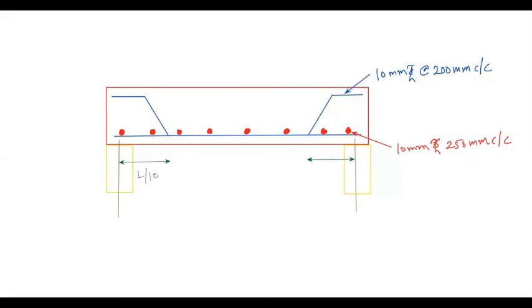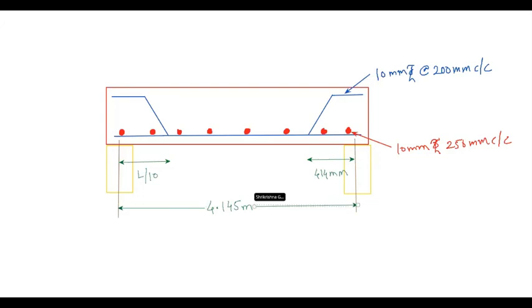L by 10. Your span is 4145, so it is 414 mm, L by 10. And your total center to center span is 4.145 meter, from this point up to here.